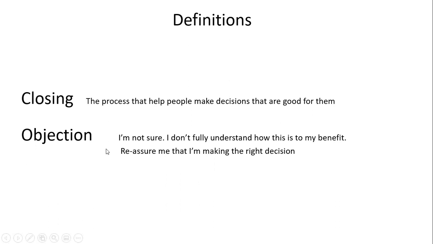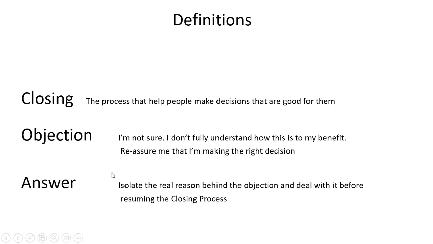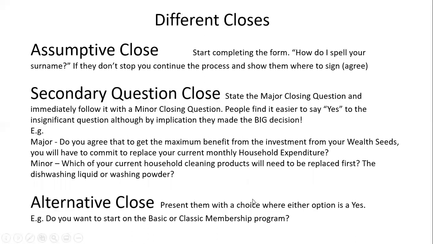It's their way of saying, I am not sure, I don't fully understand how this is to my benefit. Reassure me that I'm making the right decision. And then your answer is normally in the form of another question, so that you isolate the real reason behind the objection and deal with it before resuming the closing process.